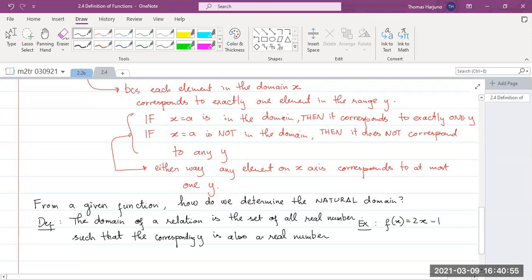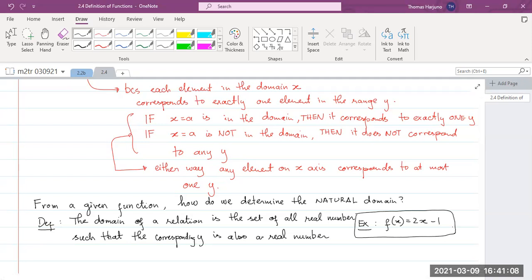So if we look at this function, for example, think of what x you can plug in such that 2x minus 1 is also a real number. Okay, so the domain here is all real numbers. Basically, you can plug in any real number you can think of, from negative infinity to positive infinity.